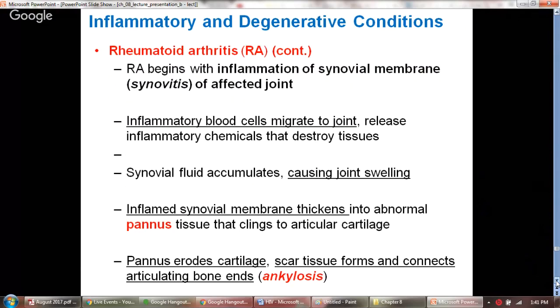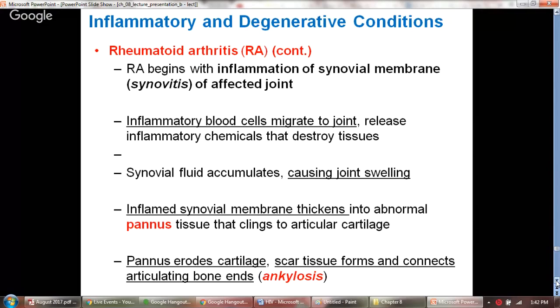Rheumatoid arthritis begins with inflammation of the synovial membrane of the affected joints. The inflammatory blood cells creep into the joint and release inflammatory chemicals, and those chemicals then destroy the tissues. The synovial fluid tends to accumulate, and the accumulation causes joint swelling, and the inflamed synovial membranes then start to thicken into abnormal pannus tissue, which can cover the articular cartilage.